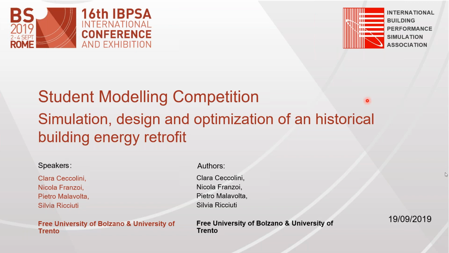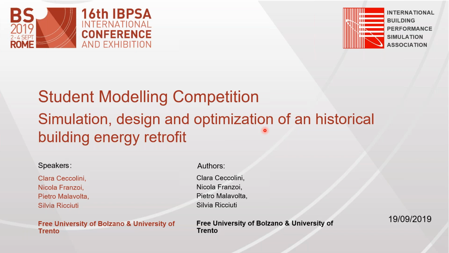Students had this document to refer to, and they had to follow some constraints. The competition was set up as a simulation pentathlon, that is a contest divided into 5 steps, which represent the tasks that a practitioner should go through when designing the retrofit of an existing building.